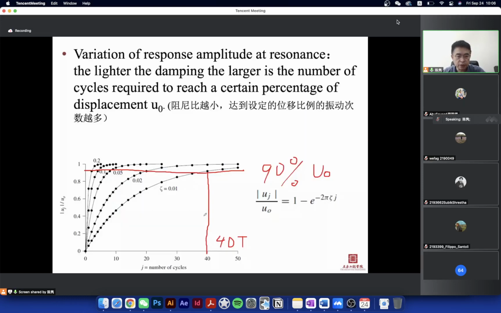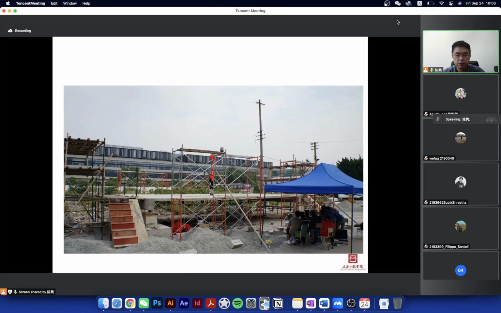So actually we use this curve to determine this. For example, if we know the damping of the floor is like 2%, and I want the amplitude to be 95% of the final target U0, then you can see you need 30 cycles. 30 cycles times the period of the floor, then we know how long it takes for you to jump.